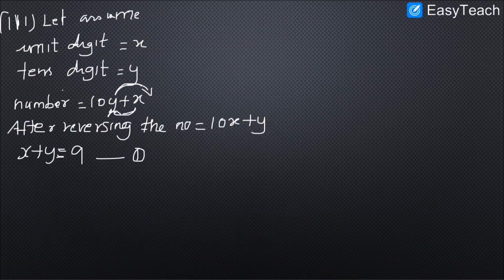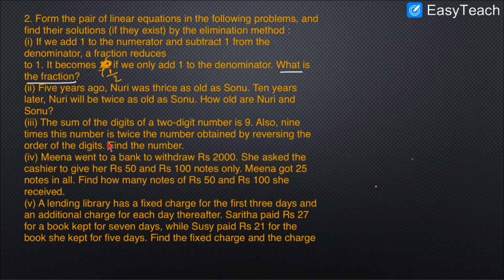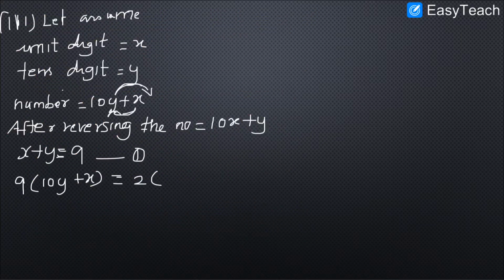First, look at the statement: 9 times this number, which is 9 into the number 10y plus x. We consider 10y plus x as the number. So 9 times this number equals 2 times, as the statement says, the number obtained by reversing the order of the digits.